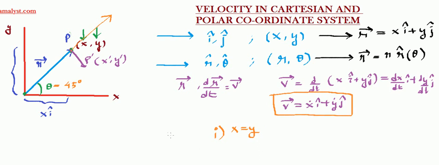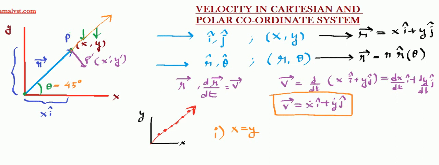Because if you draw x equals y, with this as x and this as y, then x equals y represents this straight line. So if the point P was here, after some time it is here, and after some time here, so the point is moving along this straight line.